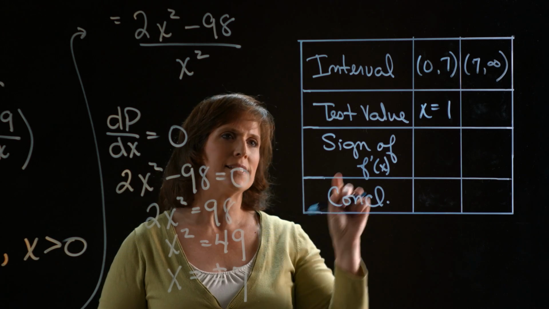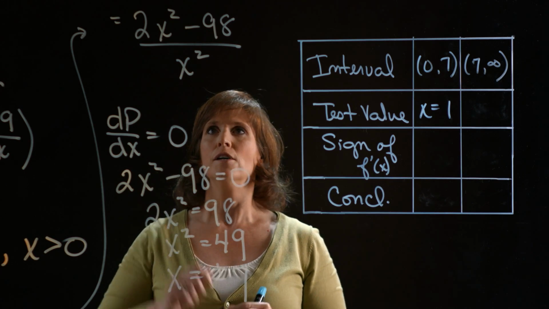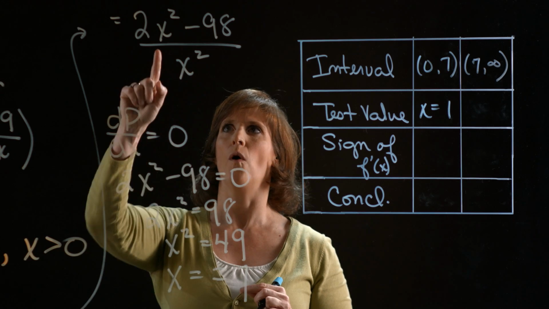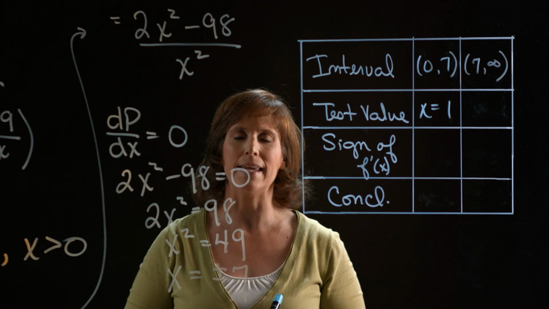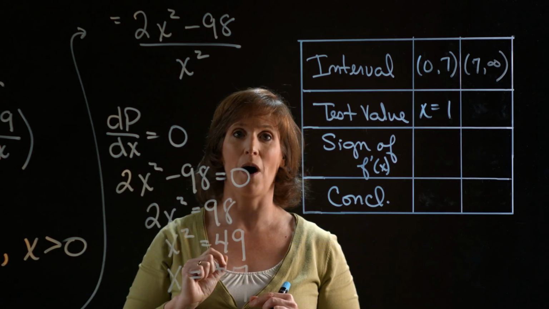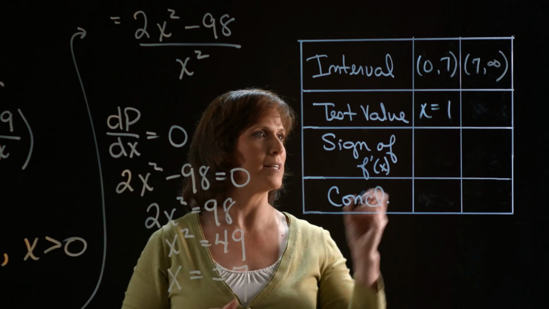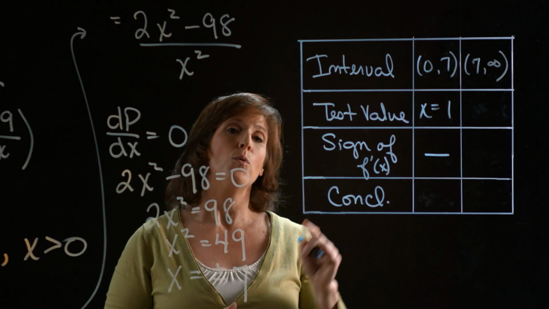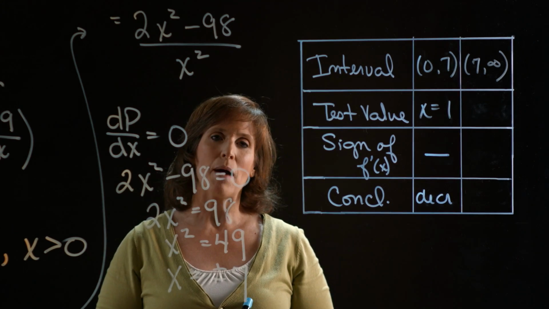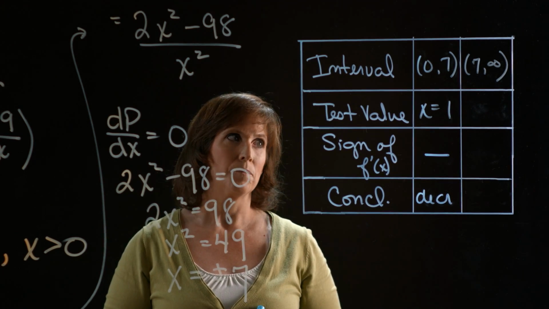Now we're looking for the sign of the first derivative. So here's a nice expression of the first derivative. What happens when x equals 1? I'm going to have 2 minus 98, which is a negative number, divided by 1 squared, which is positive. A negative divided by a positive is negative, which tells me that my perimeter equation is decreasing.